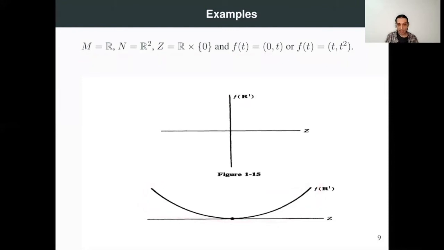What we have is that in the first case, the map F is actually transversal to C. And it's very easy to calculate this because the image of the differential of F at the point X is just the y-axis.